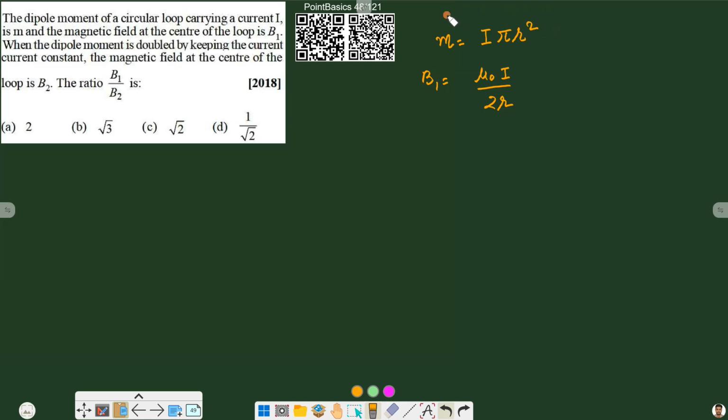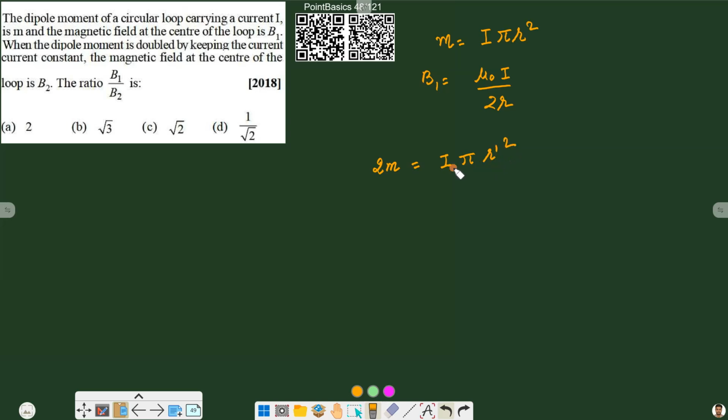So if we double this value and keep the current constant, it means the radius has to be changed. So our new dipole moment is twice of M, and the current is the same, so only the radius has changed.